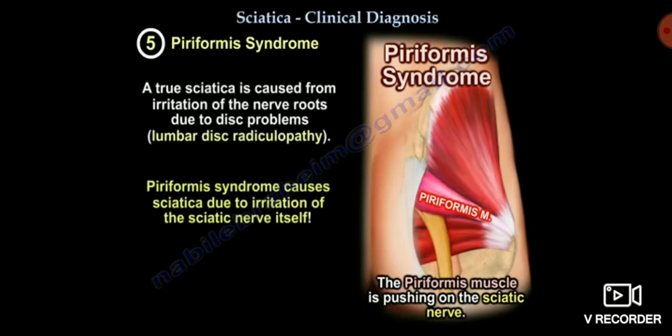The true sciatica from irritation of the nerve roots by disc problems is called lumbar radiculopathy or true sciatica or disc herniation. Piriformis syndrome will cause sciatica due to irritation of the sciatic nerve itself.